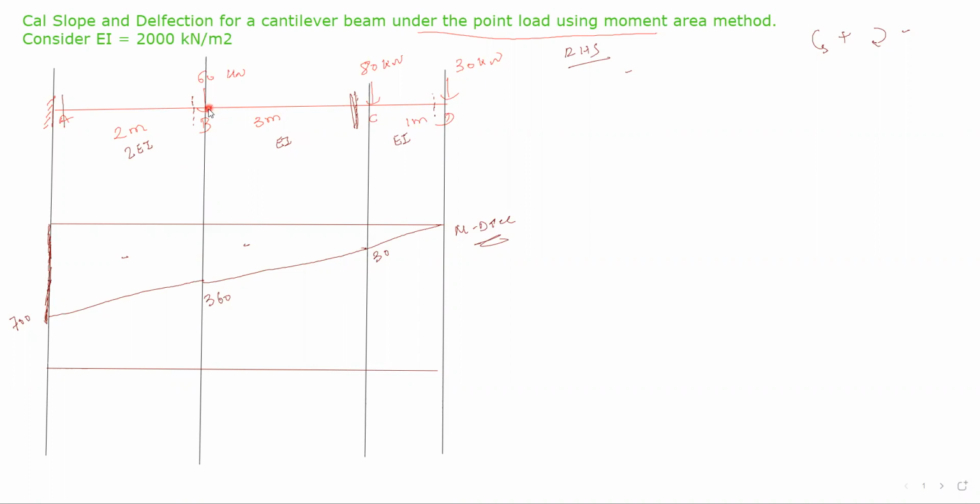Yes or no? There is a change in geometry at point B, or after point B your geometry will change. So as per this concept, at a point where your EI changes, your moment also changes. So on the left side your moment will be different, on the right side your moment will be different in this particular case. So let me calculate how it is applicable in our problem.